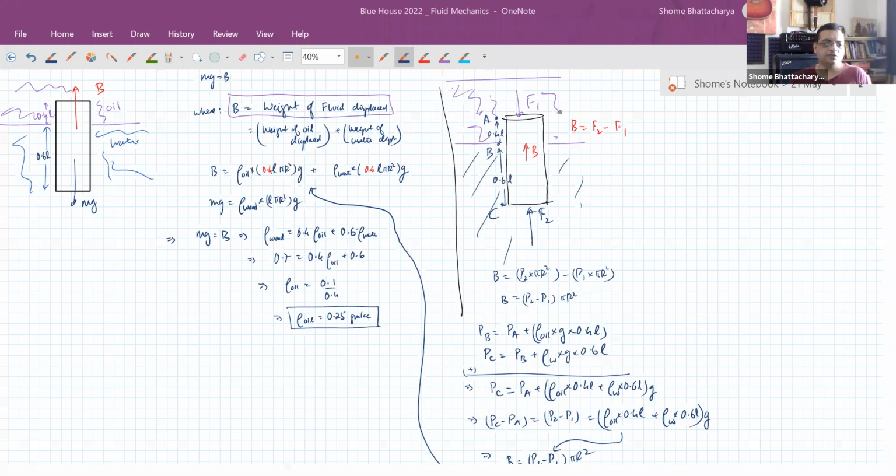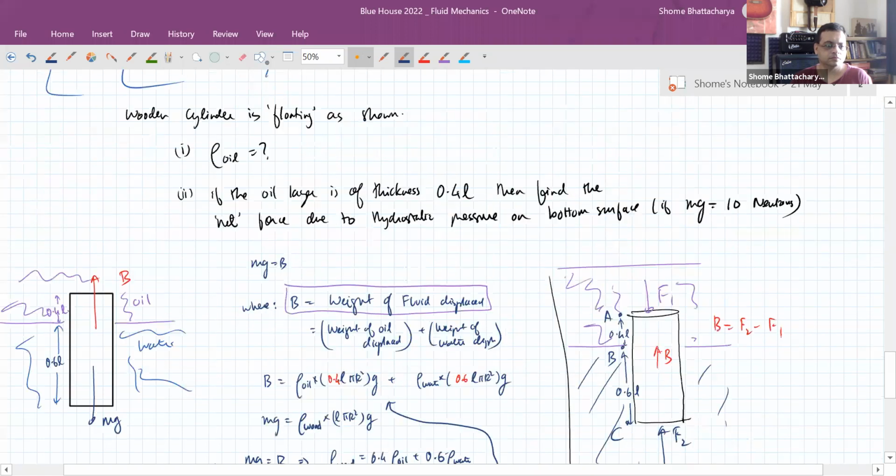Okay, now for the second part, we'll change the height of the oil column also. The thickness of the oil column overall, we'll change it to 0.8 L instead of 0.4 L. Okay.